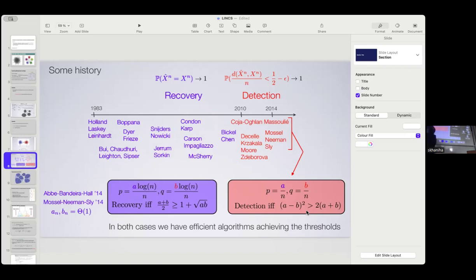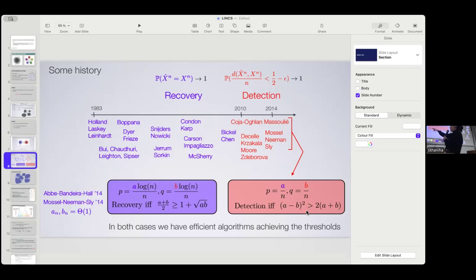And the other theorem on the left side shows that if P and Q are in this form and satisfy this condition, they are recoverable, and we can recover the clusters.